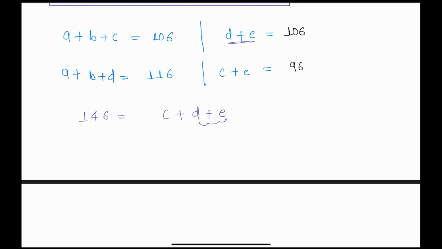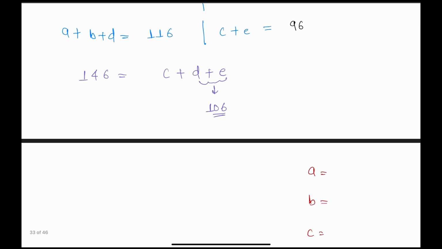D plus e is nothing but 106. So it's easy for us to find the value of c. Let's just start writing over here in the red one the value of a, value of b, value of c, value of d, and the value of e.